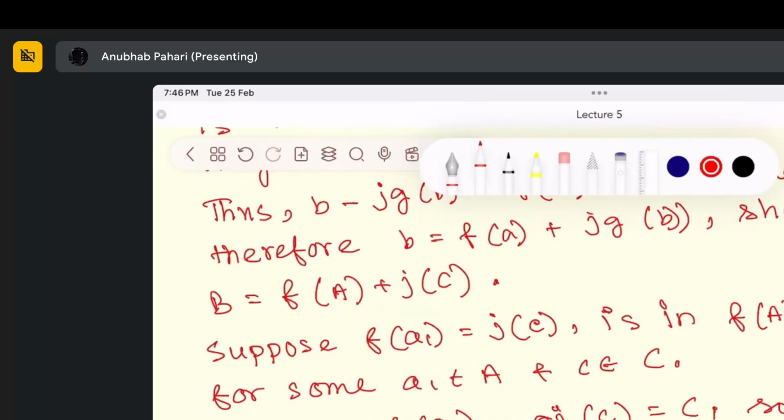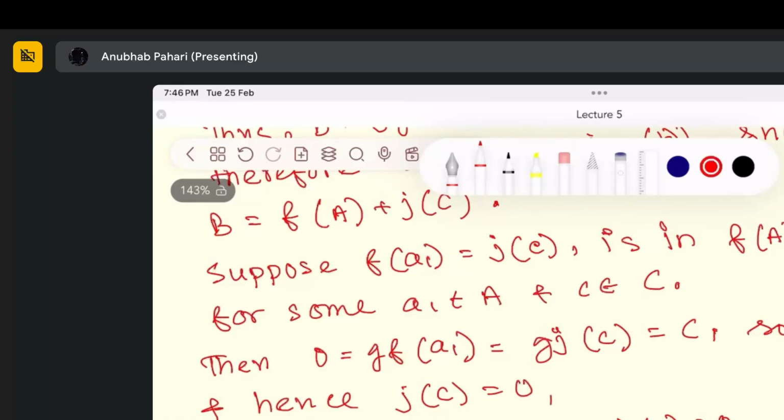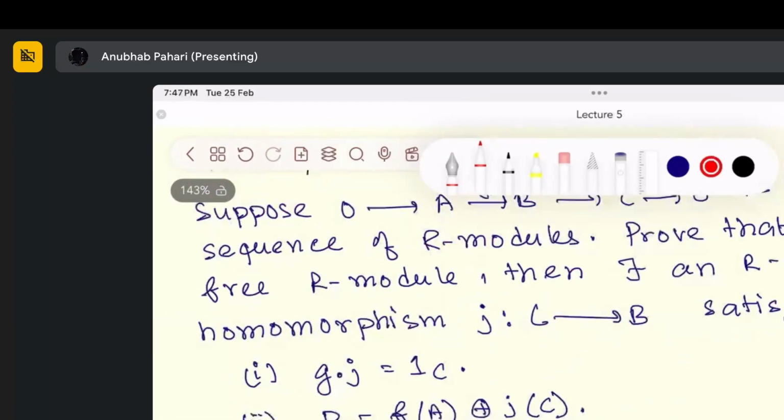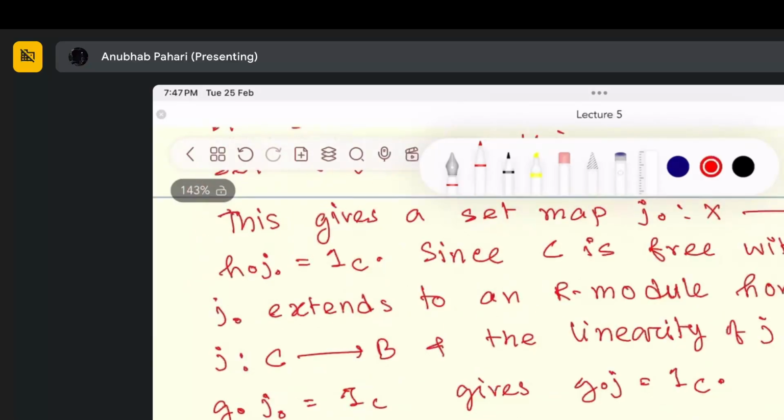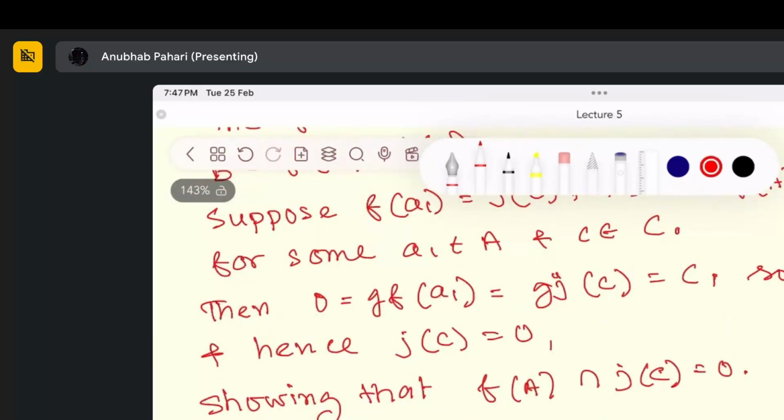Thus B is the direct sum, because the intersection is zero and earlier I have shown that they sum to B. I had asked to conclude that B is isomorphic to A direct sum C.